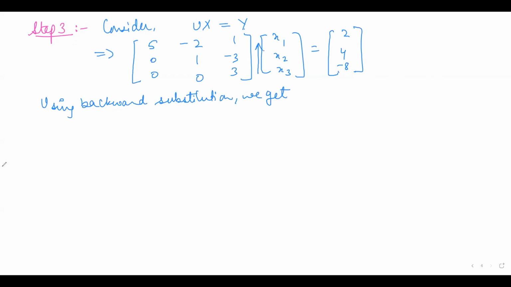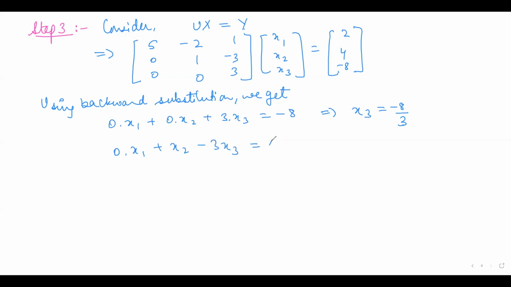So this is 0x1 plus 0x2 plus 3 times x3 is equal to minus 8. I'm talking about the last one, right? So this will give me the value of x3, that is minus 8 upon 3. Then 0x1 plus x2 minus 3x3 is equal to 4.